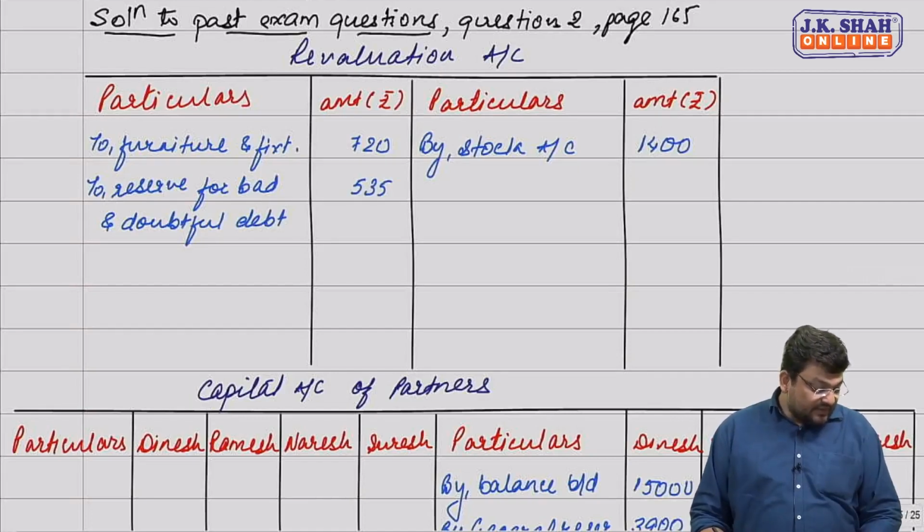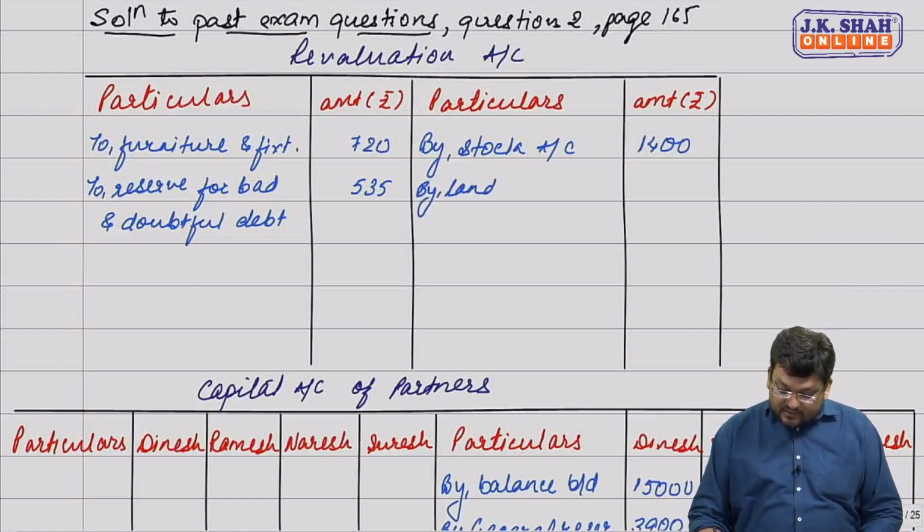Then value of land and building to be increased by 5,600. Entry will be land and building account debit to revaluation.